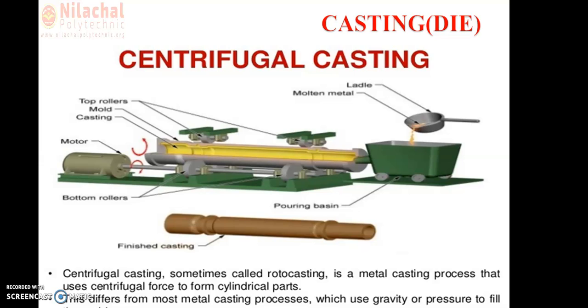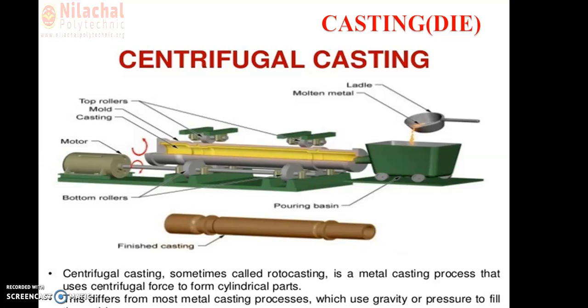In centrifugal casting, molten metal is poured into the mold while it is rotating. The metal falls into the center of the mold at the axis of rotation and is thrown out by centrifugal force under sufficient pressure towards the periphery.